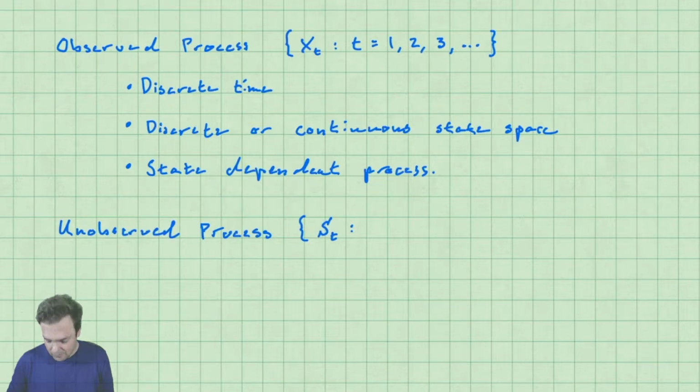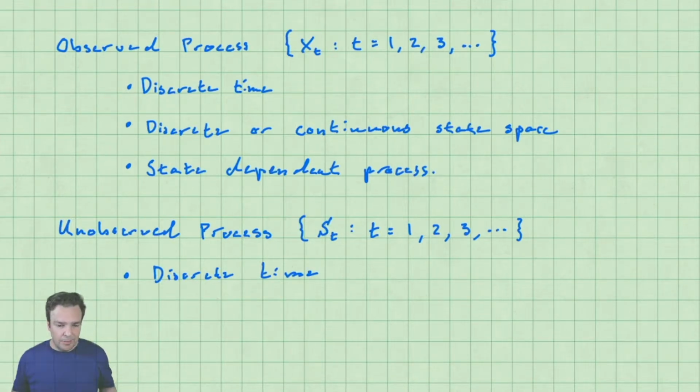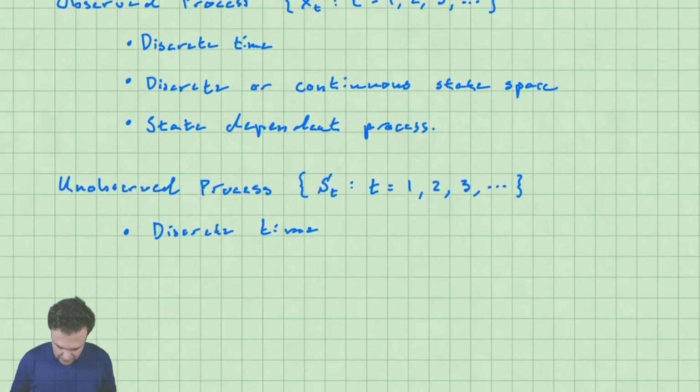And so the same rules for t apply: 1, 2, and 3, and so on. This one's properties are similar. So it's discrete time. I think that's probably somewhat obvious. But the state space is discrete.